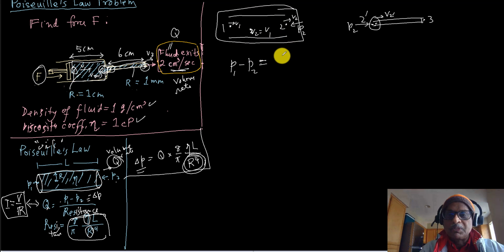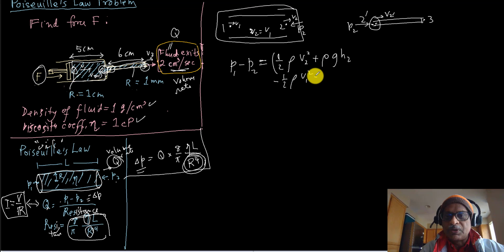So V2 equals V1, and so half rho V2 square plus rho g h2, this comes from Bernoulli, minus half rho V1 square minus rho g h1.